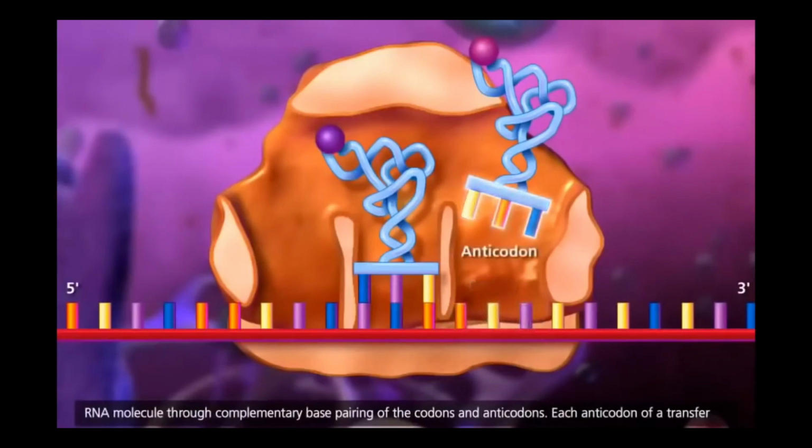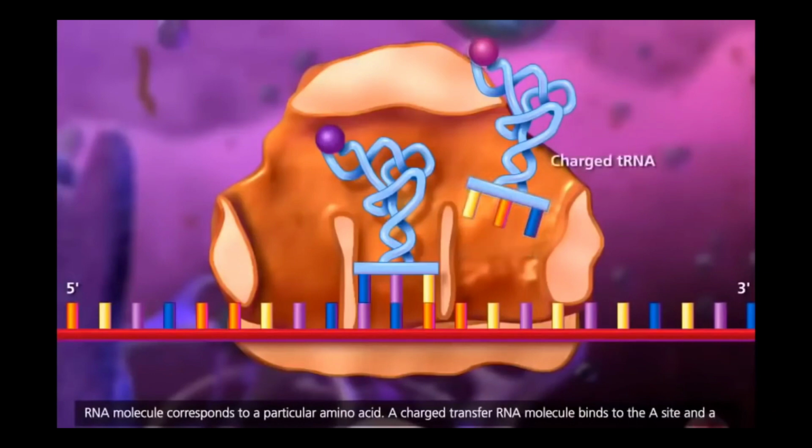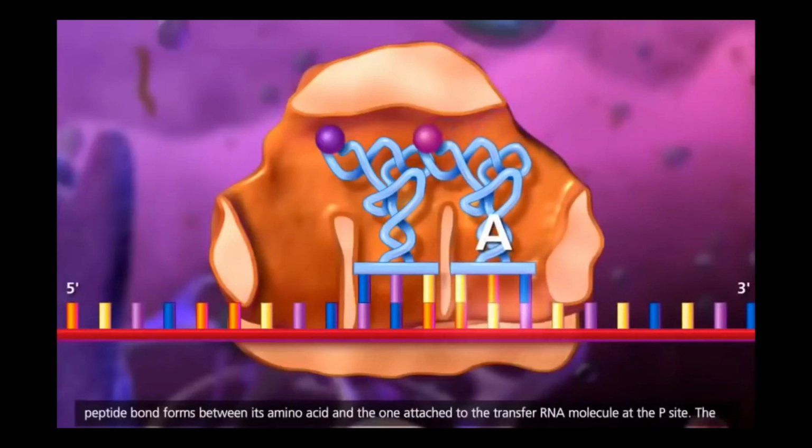Each anticodon of a transfer RNA molecule corresponds to a particular amino acid. A charged transfer RNA molecule binds to the A site and a peptide bond forms between its amino acid and the one attached to the transfer RNA molecule at the P site.